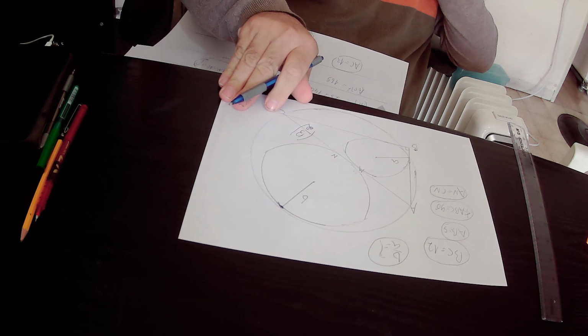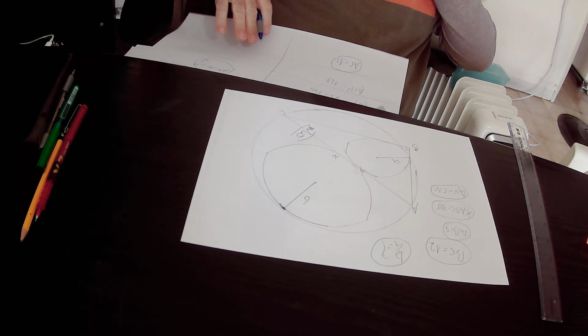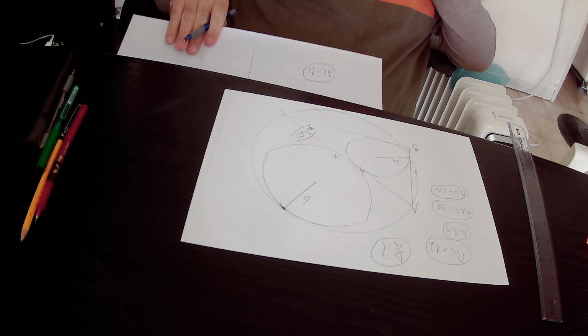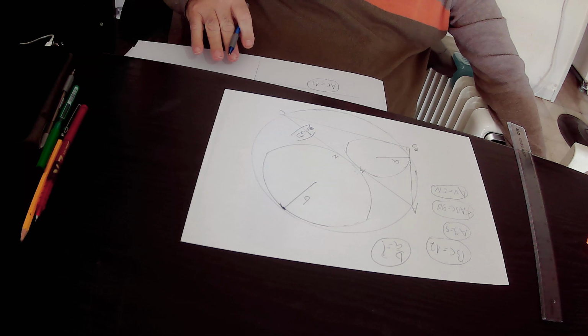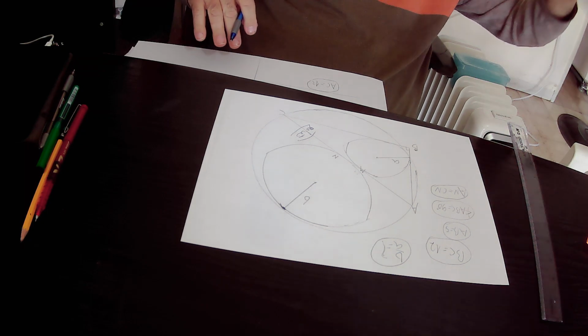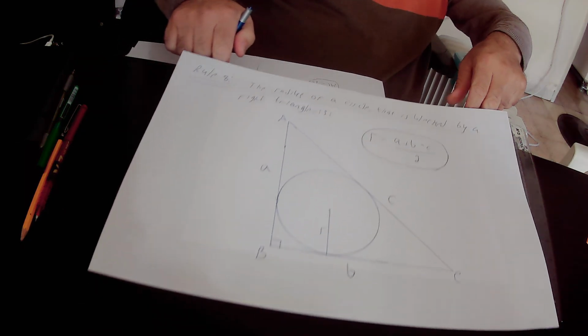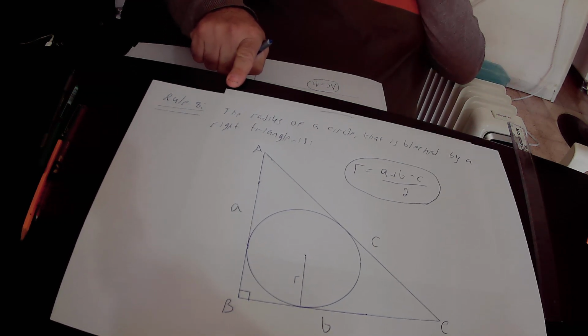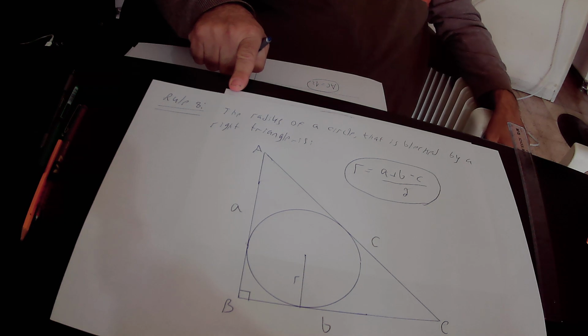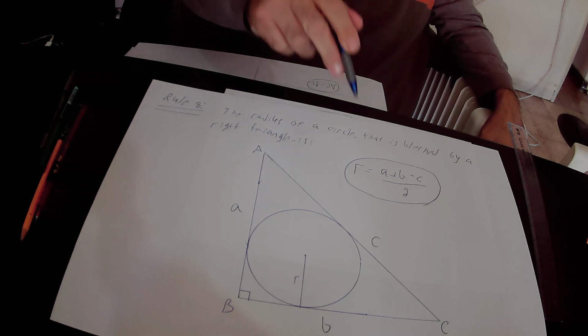In the next step, I will present to you a new rule, rule number 8, and we will implement rule number 8 in our drawing. According to rule number 8, the radius of a circle that is blocked by a right triangle, R is the radius.